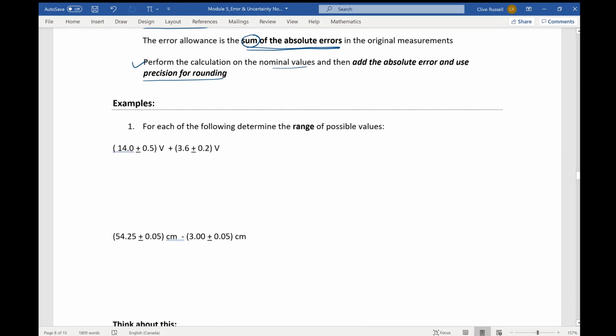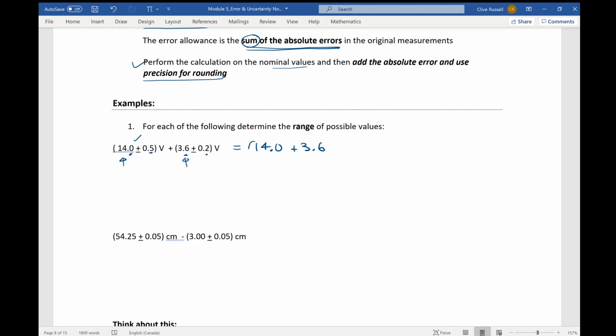So here we have 14.0 plus or minus 0.5 volts, and then we're adding to that 3.6 plus or minus 0.2 volts. Notice here that we have one decimal place, one decimal place, one decimal place. So what do we do then? Well, we just add the measured values, which is 14.0 plus 3.6.